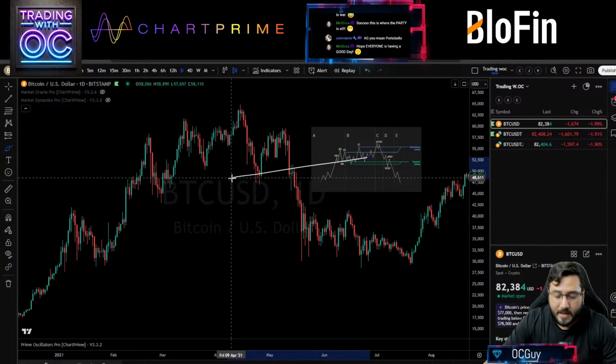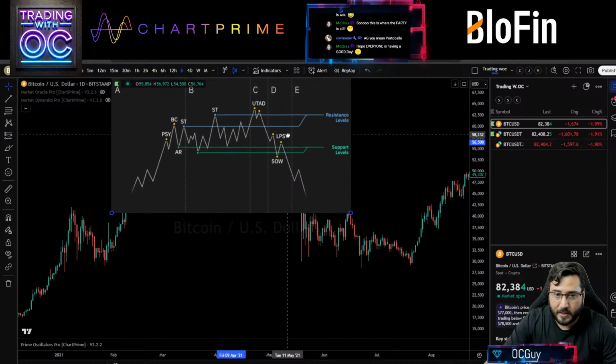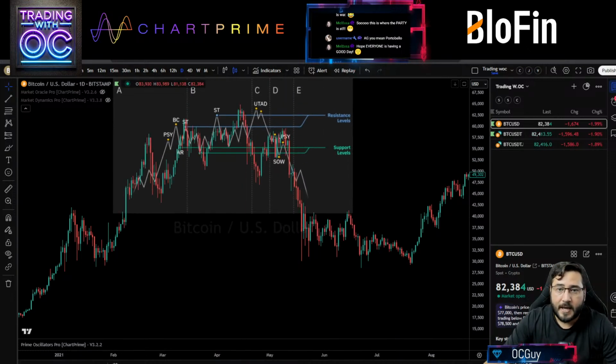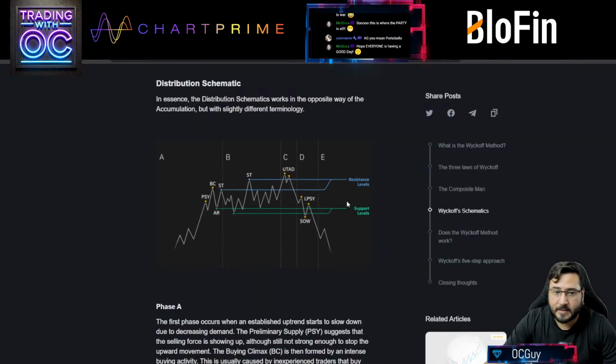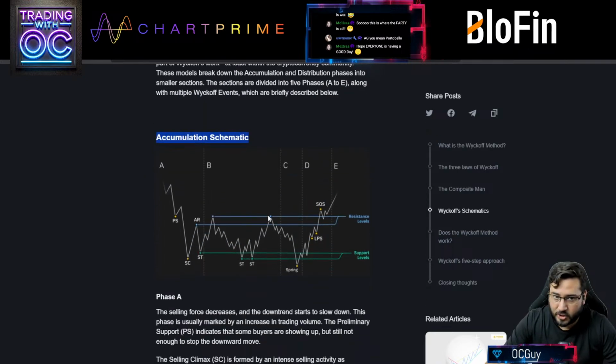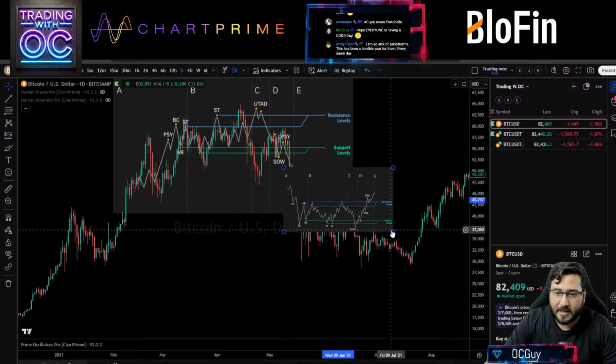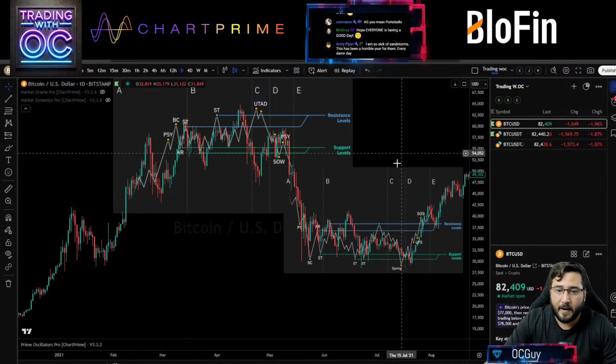At this point, let me add one more thing and then let's jump right into the setups. First, let's put it right here, and then go to the previous Wyckoff accumulation scheme. Let me right-click in here, copy image, and paste it here. As you can see, they paired fantastically.